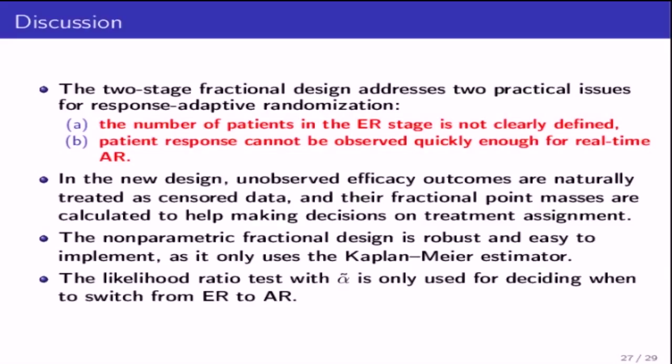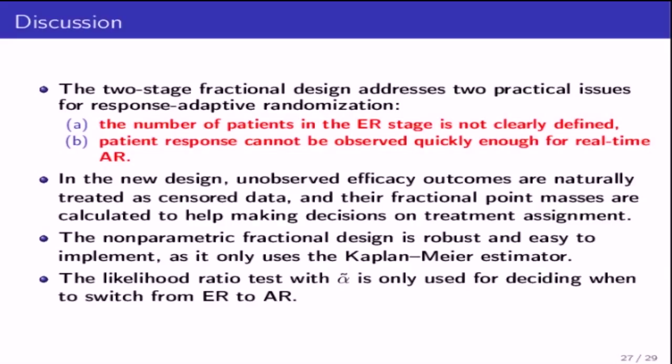The second issue we try to address is what if the patient's response cannot be observed quickly for the real-time adaptive randomization, that is, the possibility of delayed response? Then we use redistribution to the right, consider the missing data as censored data, and use fractional point methods to calculate the response rate.